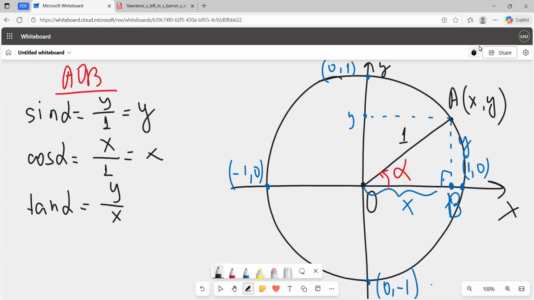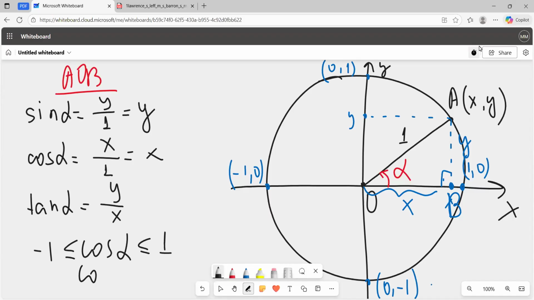And we can write what? We can write that since x coordinate of any point on a unit circle is between -1 and 1 included, of course, the values of cosine alpha are from -1 up to 1.